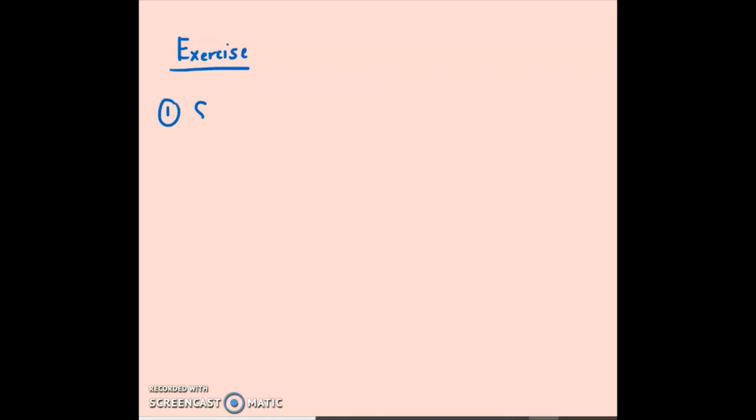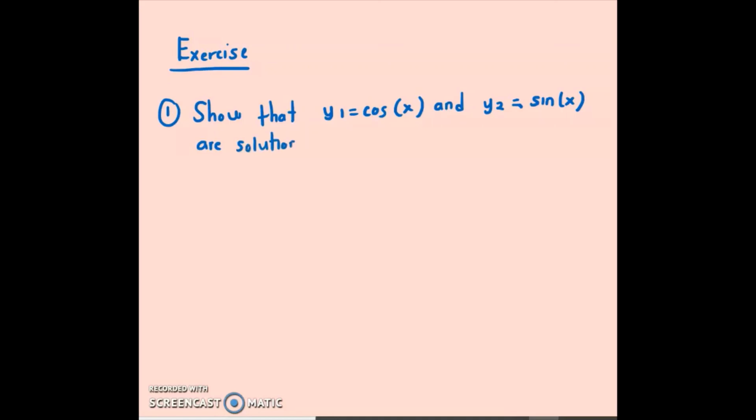The first question is: show that y1 equals cos x and y2 equals sin x are solutions of the differential equation y double prime plus y equals 0. Use the superposition principle here.